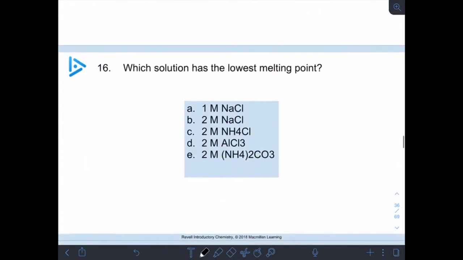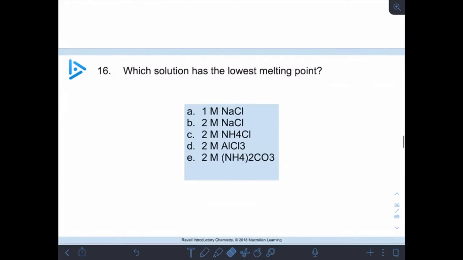Okay, so which solution has the lowest melting point? So remember, melting and freezing are basically at the same place. So melting and freezing happen at the same temperature. For water, for example, water melts at 0 degrees, but it also freezes at 0 degrees. It just depends on which direction you're going.